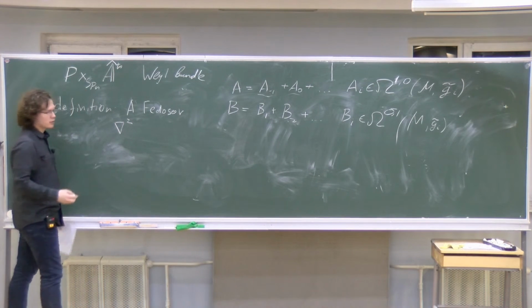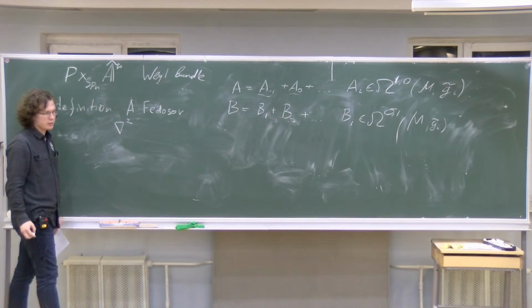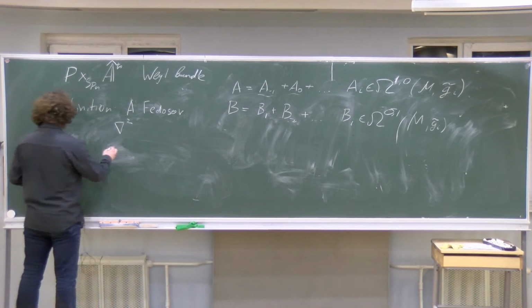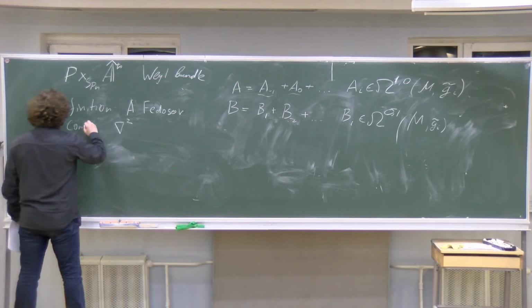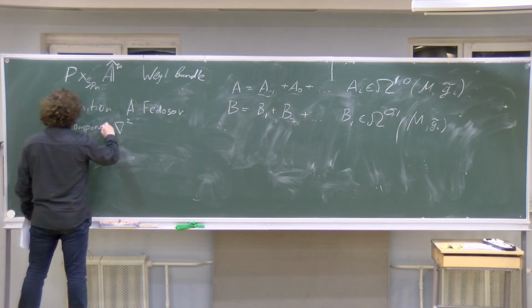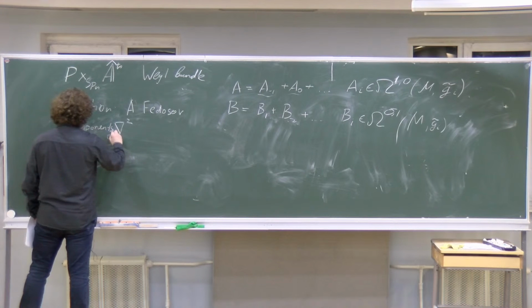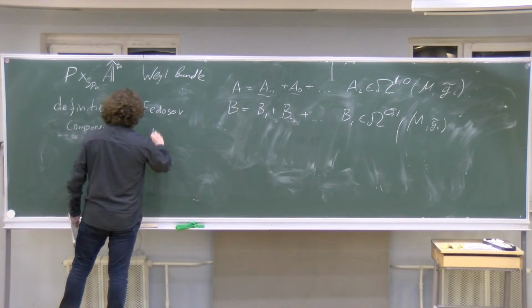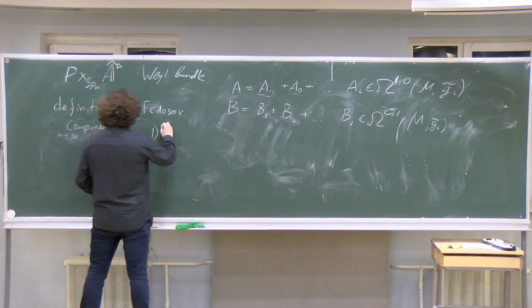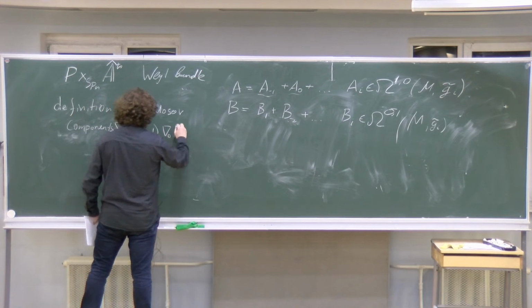Since we have splitting, since we have a complex case, we have those components of our curvature. The first one looks like this.